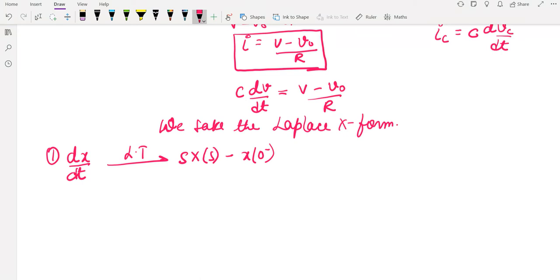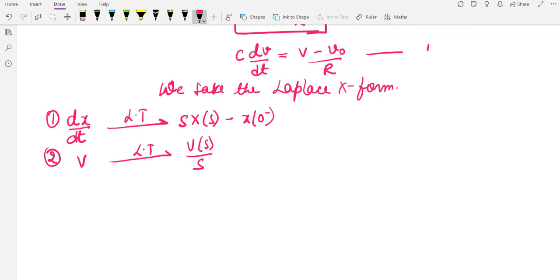And the second thing is, if we have a step source V, then on taking the Laplace transform we get V of s upon s. Fine, so we will proceed in a similar manner.